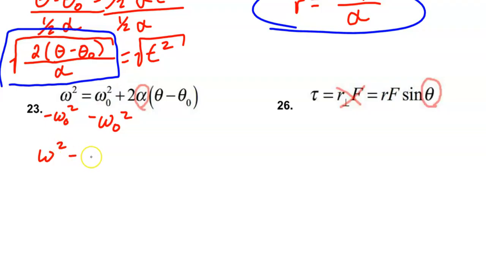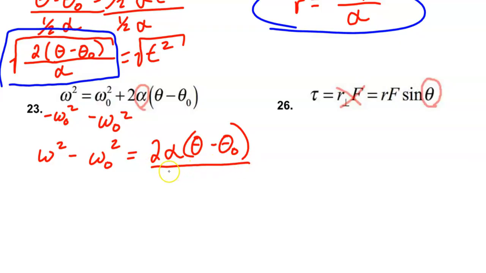Omega squared minus omega 0 squared equals 2 alpha times theta minus theta 0. Yes, and we're solving for alpha, so we need to divide both sides by 2 times theta minus theta 0.